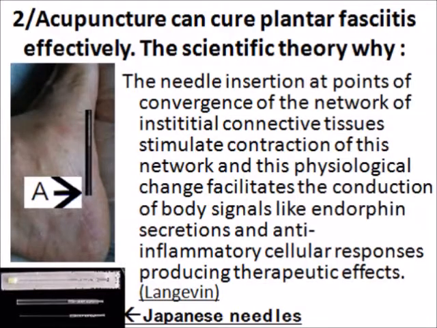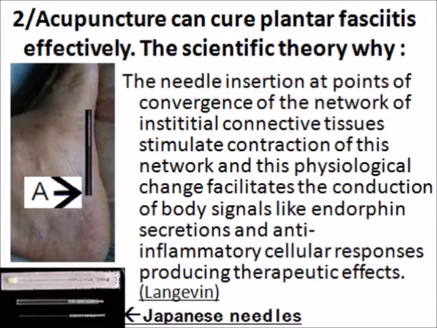From clinical experience, many people and doctors know that acupuncture can treat plantar fasciitis very effectively. The scientific theory is as follows.